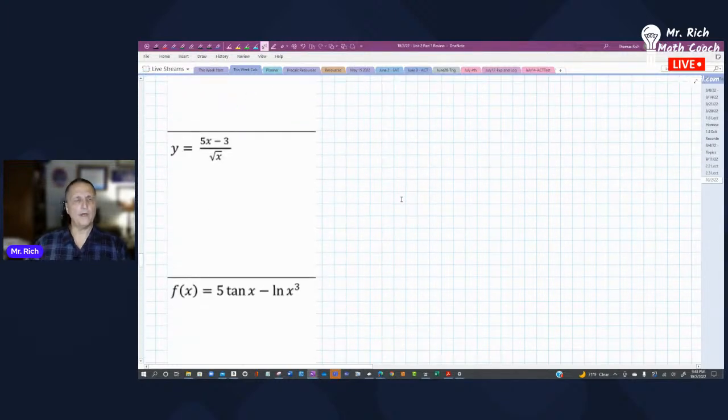Next one, need to do a little bit of work on this one so that I can use the power rule. Now, we could use the quotient rule. Of course, in this, I'm not covering the quotient rule. That's going to be next week. But what I can do in order to use the power rule is I can break this function up into two separate fractions. I'm also at the same time going to convert that radical into a rational exponent.